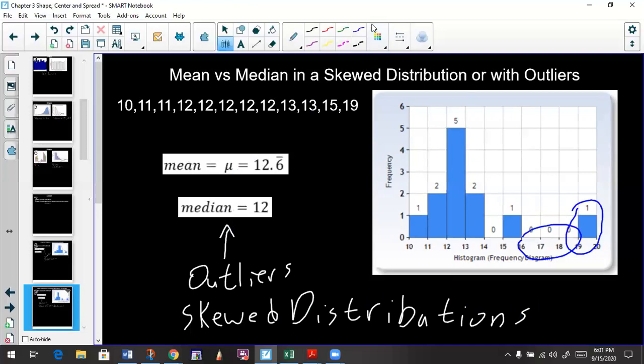All right, so that takes care of shape and center.